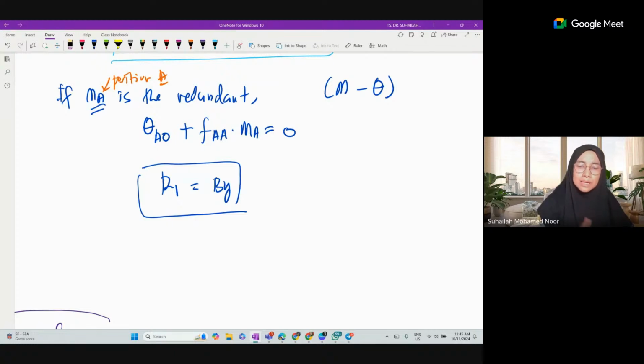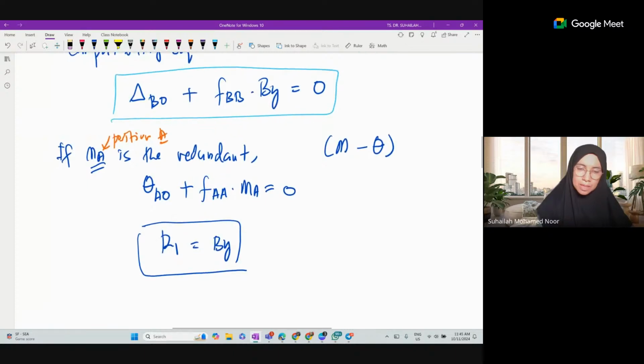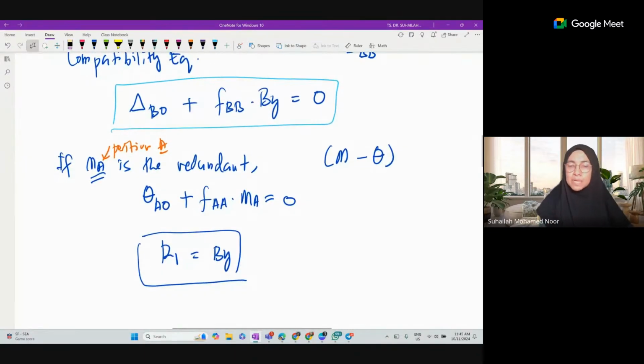Now instead of labeling as B, delta B naught plus FBB times BY is equal to 0, or instead of writing theta A naught plus FAA times MA, we change to the standard symbol 1.